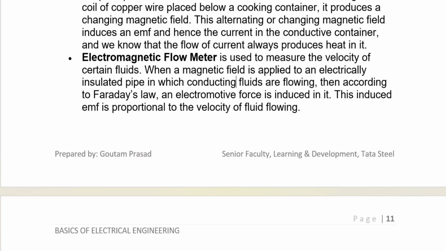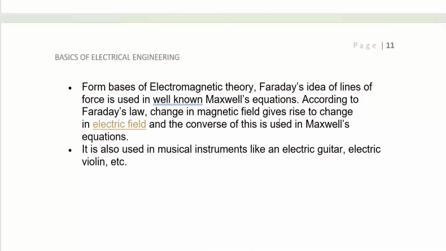So when a magnetic field is applied to the electrically insulated pipe through which conducting fluid is flowing, then according to Faraday's law, electromotive force is induced in it, and the induced EMF is proportional to the velocity of the fluid. That is how we measure the amount of flow taking place through the pipe.